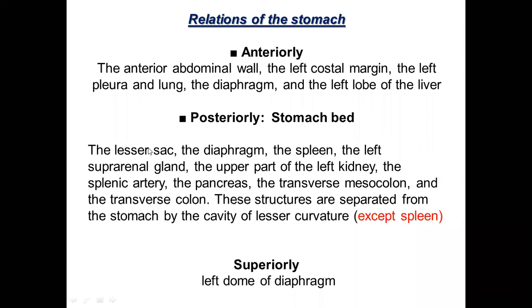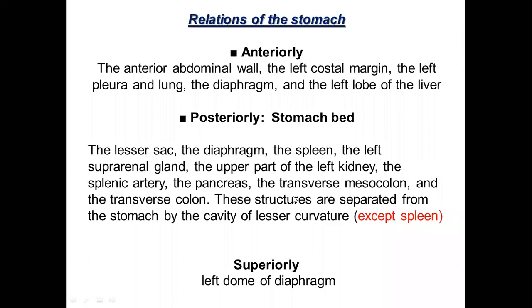The stomach bed is formed by the lesser sac, the diaphragm, and the spleen. As it is on the left side, it will be formed by the left suprarenal gland, the upper part of the left kidney, the splenic artery, the pancreas, the transverse mesocolon, and the transverse colon. The colon is covered by its mesocolon, which is why both come in the posterior relationship of the stomach.